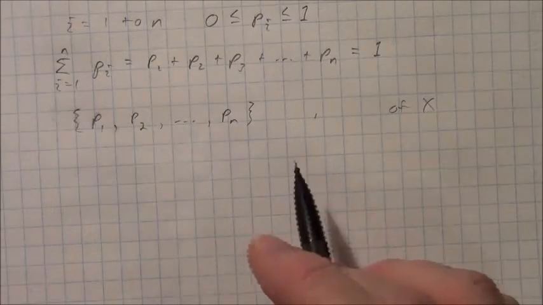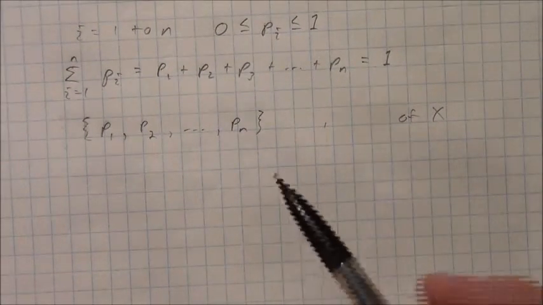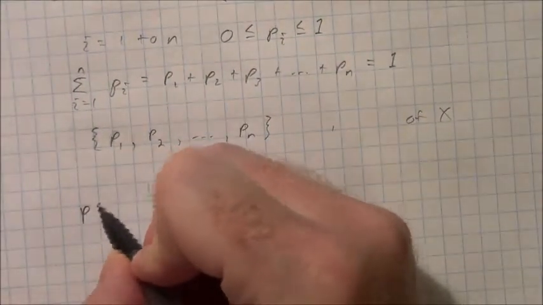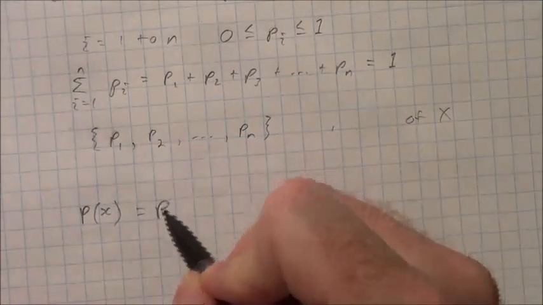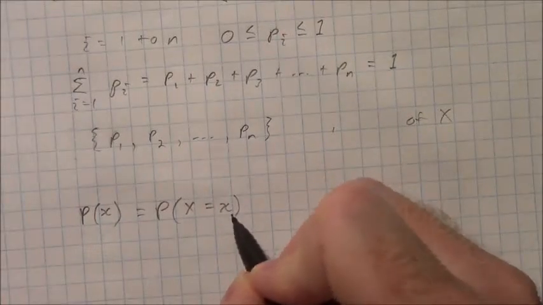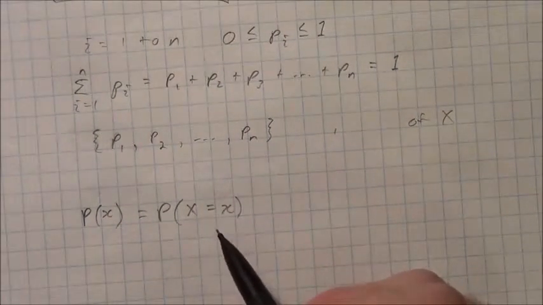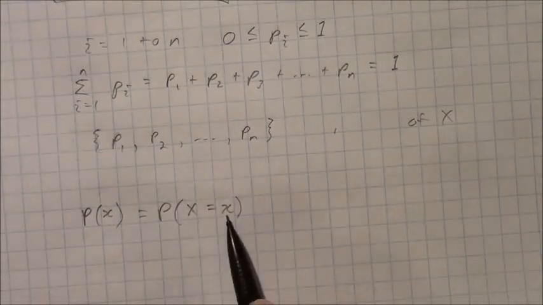Now when we look at the probability distribution function, or what's also called the probability mass function, we say that the probability mass function is equal to the random variable when it equals a specific value. The domain of this is the set of all possible values of the variable, so all possible values of the outcome.